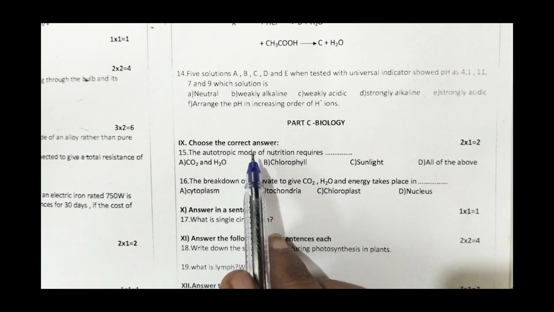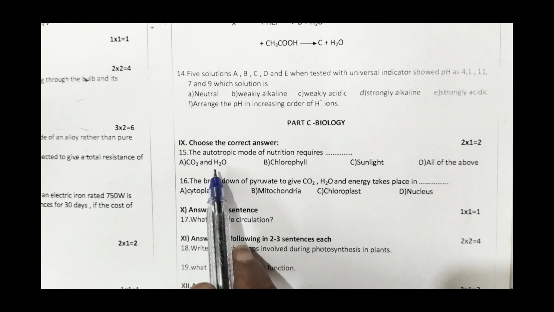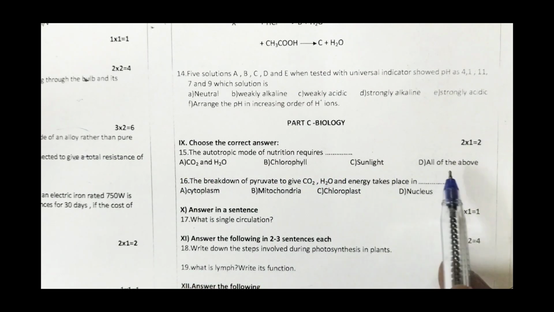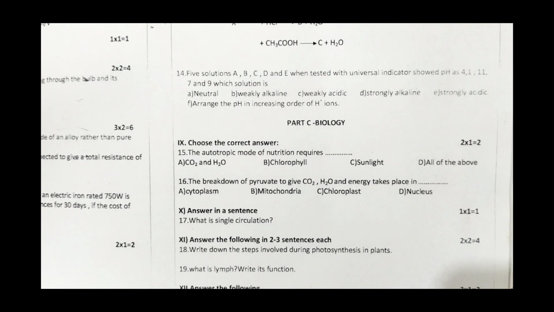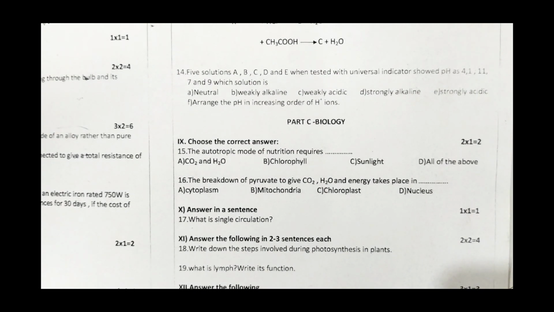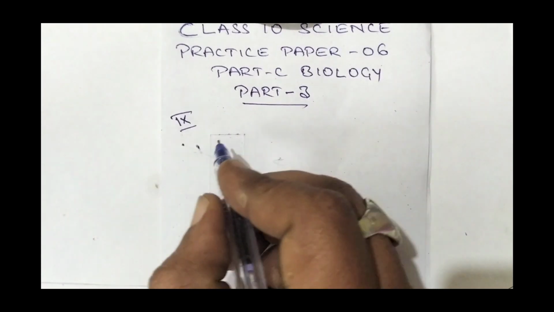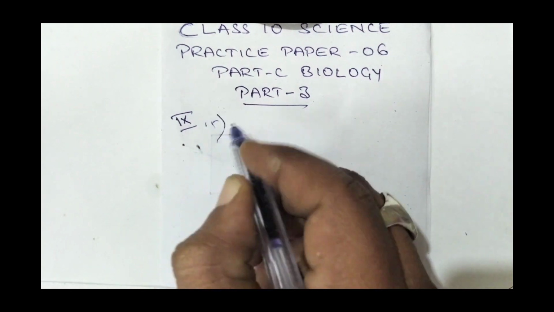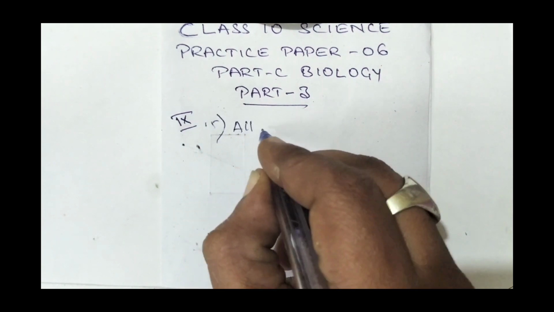For the preparation of food, the plant requires carbon dioxide, water, chlorophyll, and sunlight. Therefore, for this 15th question, the right answer is all of the above.